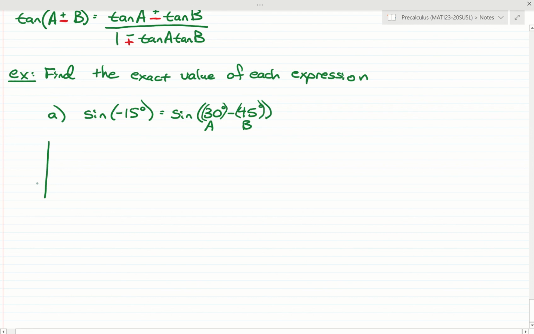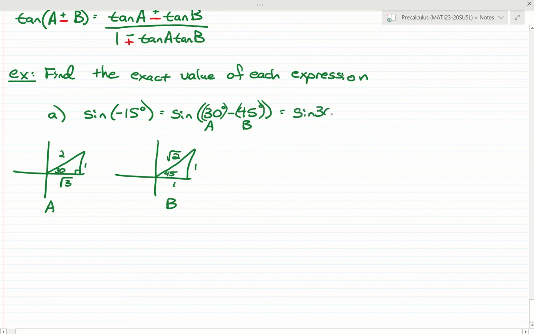Let's draw 30 degrees for reference when we go to use our formulas. And we'll also draw 45 degrees. So our formula for the sine of an angle minus another angle is we use the sine of the first, cosine of the second, and then we're going to keep the same sign, and then the cosine of the first times the sine of the second.